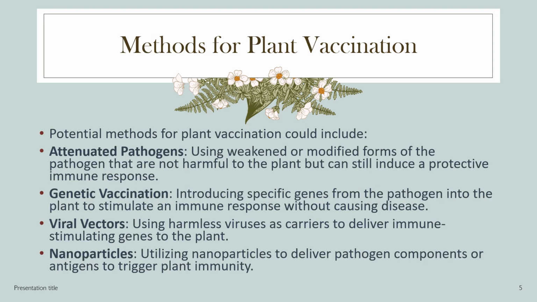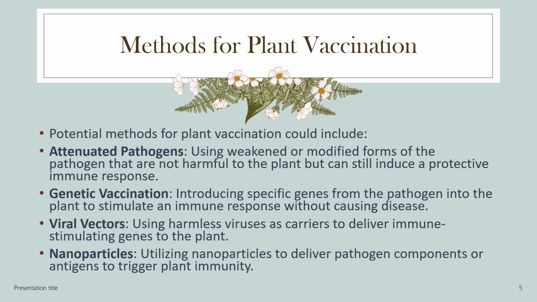I wanted to highlight four methods of plant vaccination. The first one would be attenuated pathogens, which is the use of weakened pathogens that are not harmful to the plant but can still induce a protective immune response. The second would be genetic vaccination, which is introducing specific genes from the pathogen into the plant to stimulate an immune response without causing a disease.